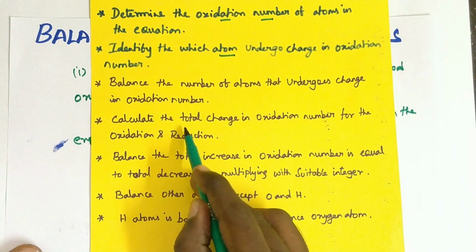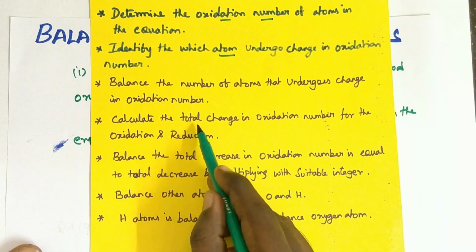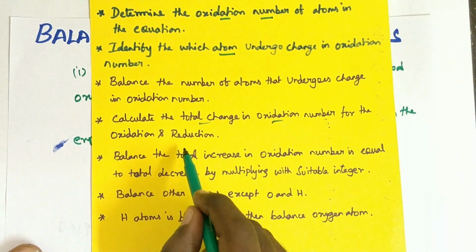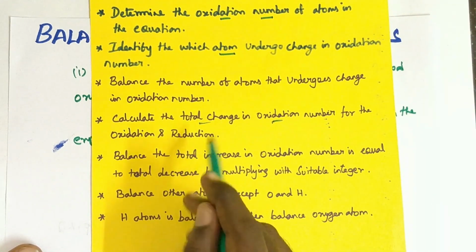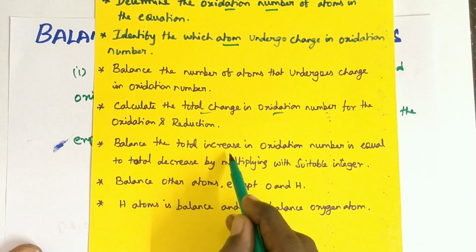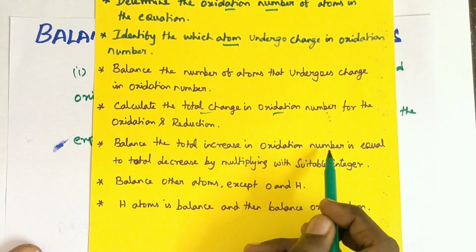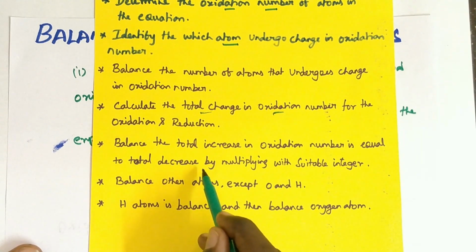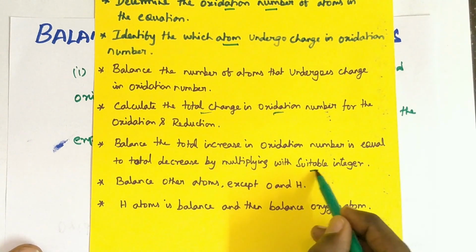The fourth step is to calculate the total change in oxidation number for oxidation and reduction. The next step is to balance the total increase in oxidation number with the total decrease by multiplying with a suitable integer.